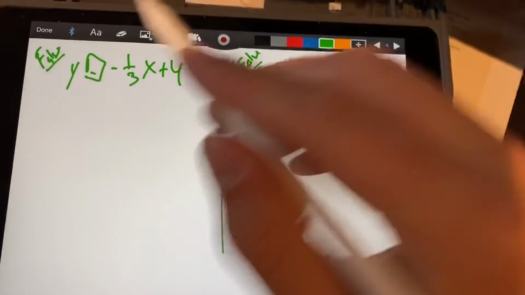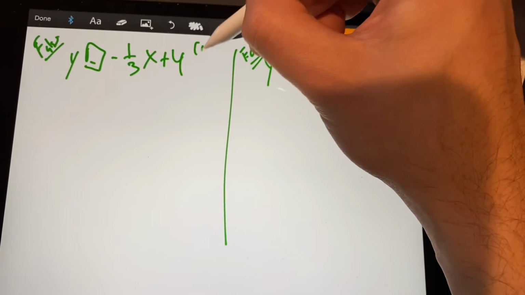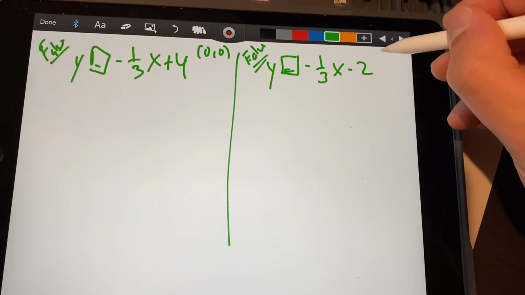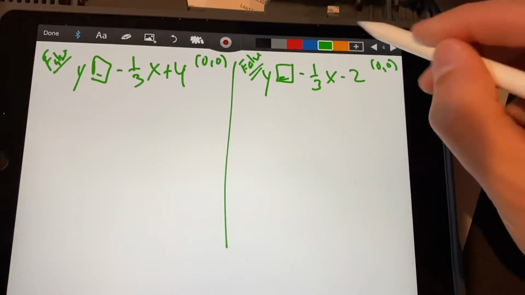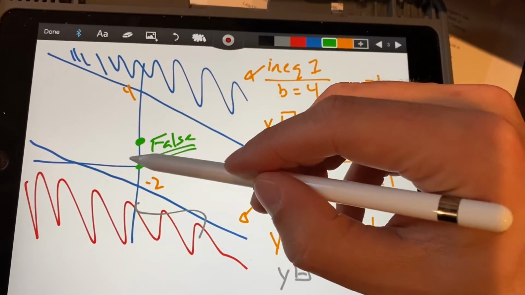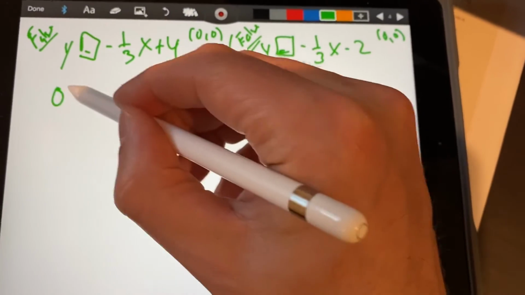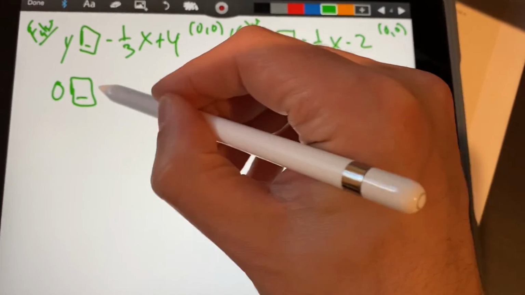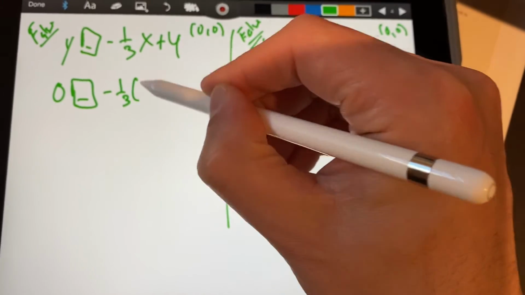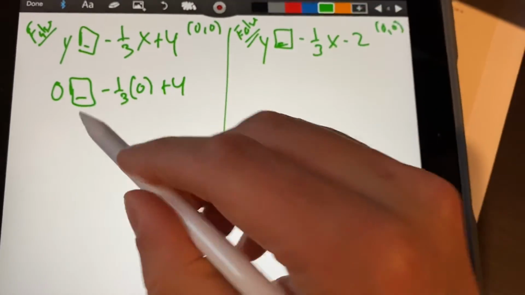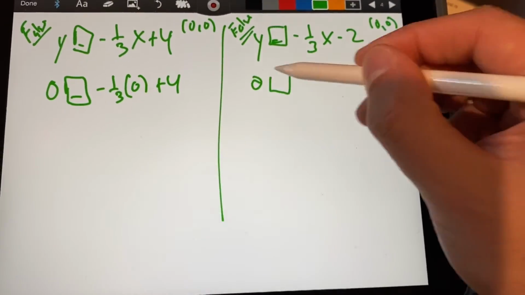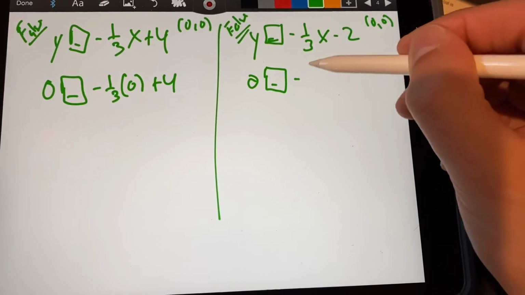So using the point 0, 0, let's go ahead and test these points, because remember, if we go back, 0, 0 is in the false region. So plug in 0, 0. I'm going to do them both at the same time so it's a little quicker.